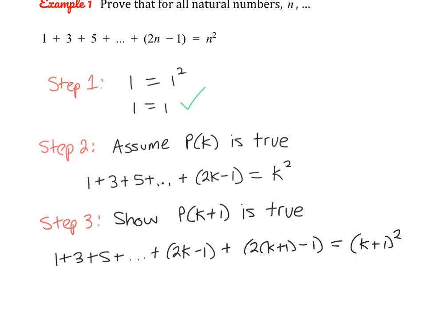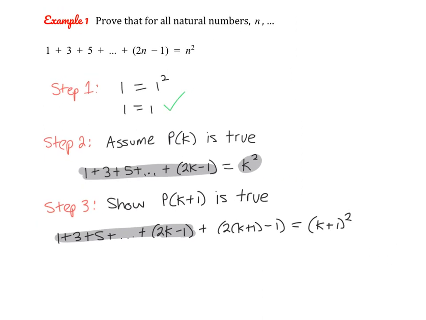So now this is where that assumption statement comes into play. All of this right here, we see it again right here. And we are assuming that that statement is equal to k squared. So we can replace that beginning part with k squared, and then all we have left is 2k plus 1 equals k plus 1 squared.